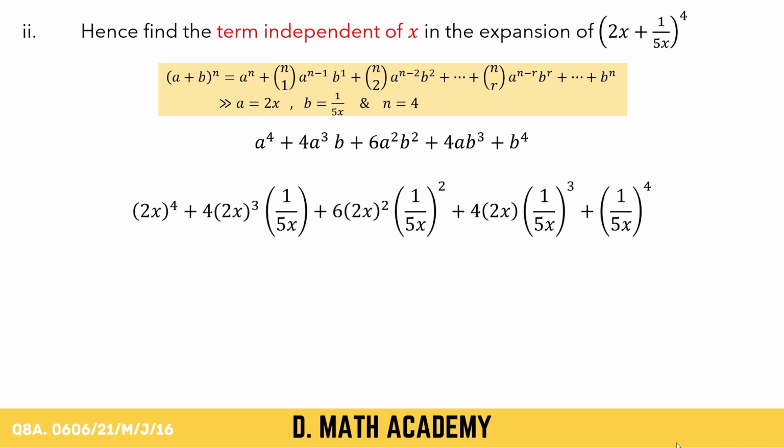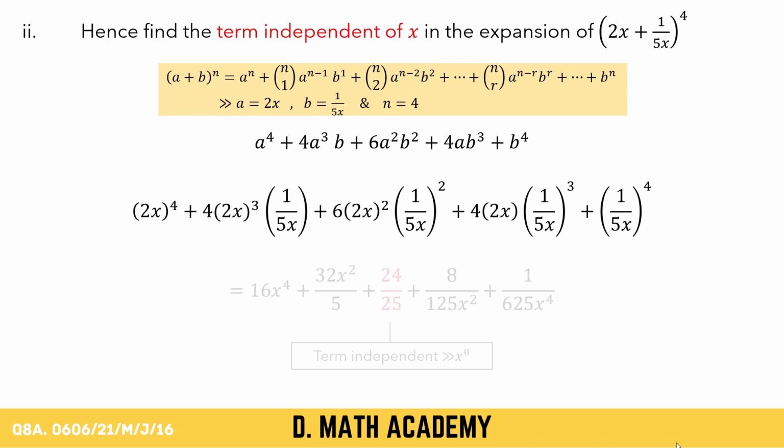So (2x)^4 plus 4 multiplied with (2x)^3 times 1 over 5x, plus 6 (2x)^2 times 1 over 5x squared, plus 4 times 2x times 1 over 5x cubed, plus 1 over (5x)^4.